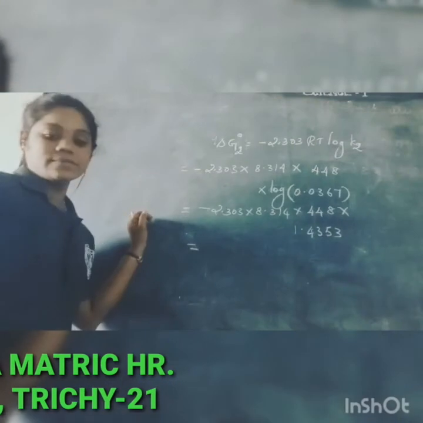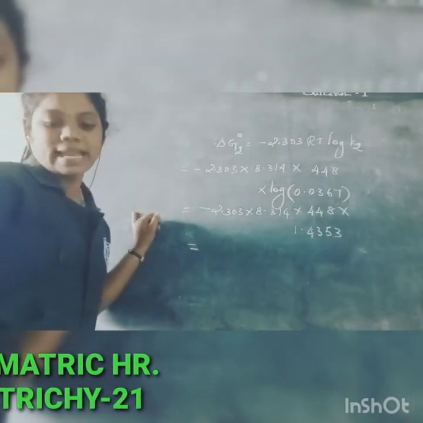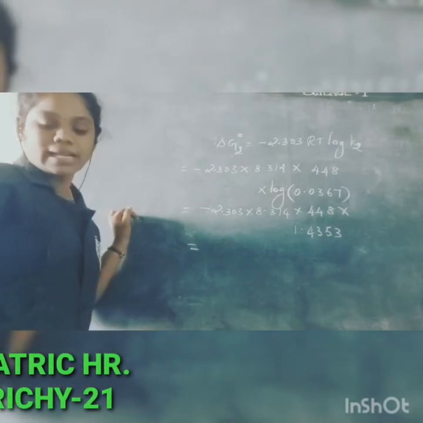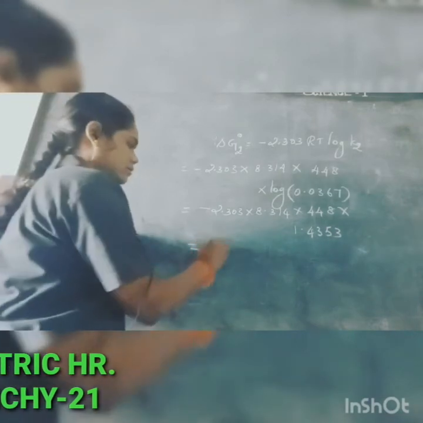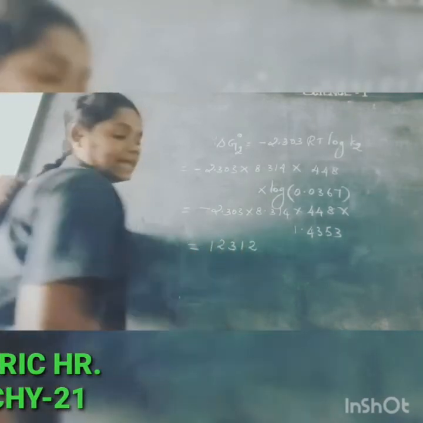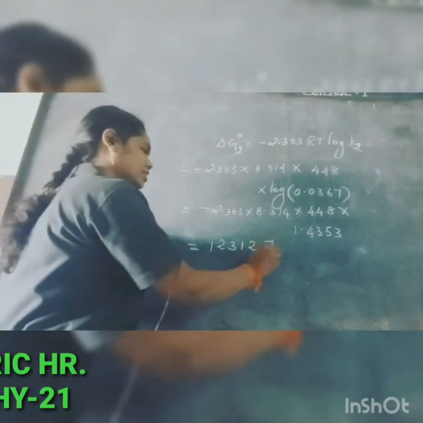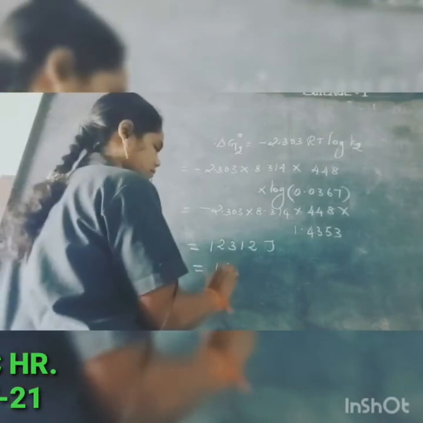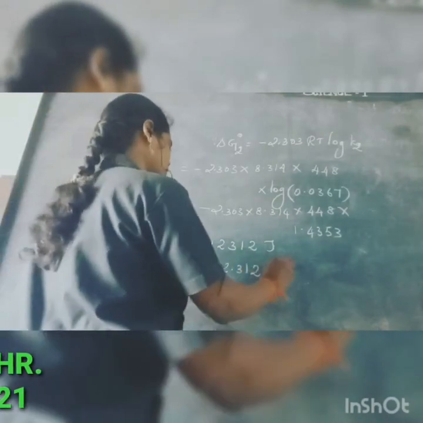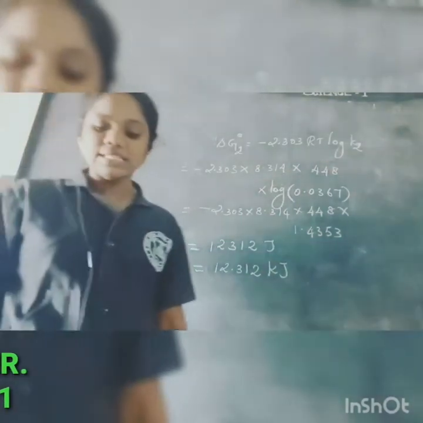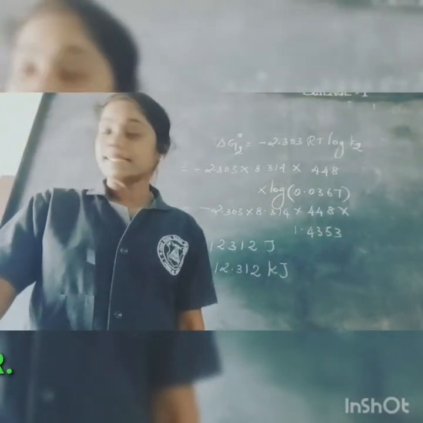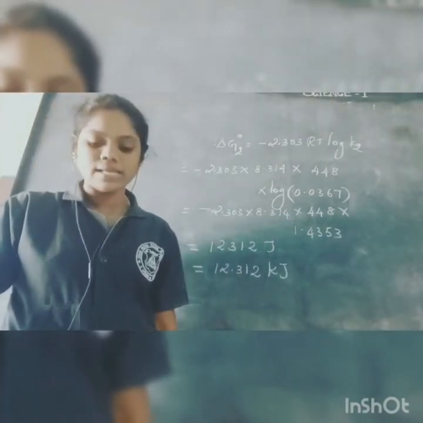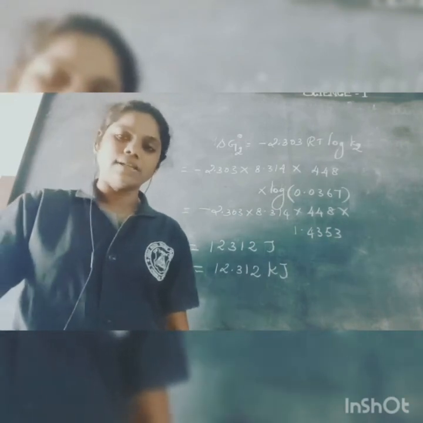So multiply these terms and we get 12,312 joule. We convert into kilojoule by dividing by 1000, so we get 12.312 kilojoule. So del G1 naught value is 16 kilojoule and del G2 naught value is 12.312 kilojoule. So that's all for this problem.